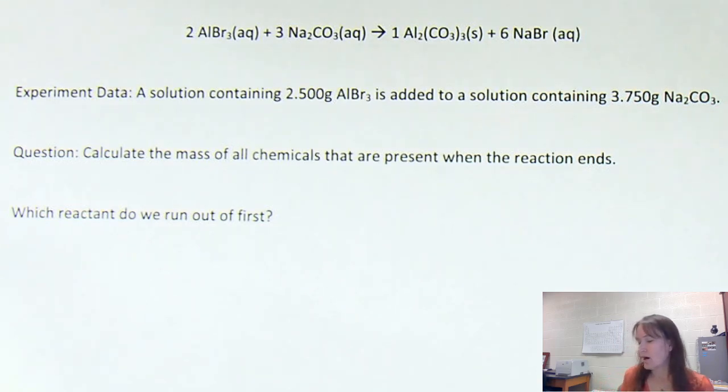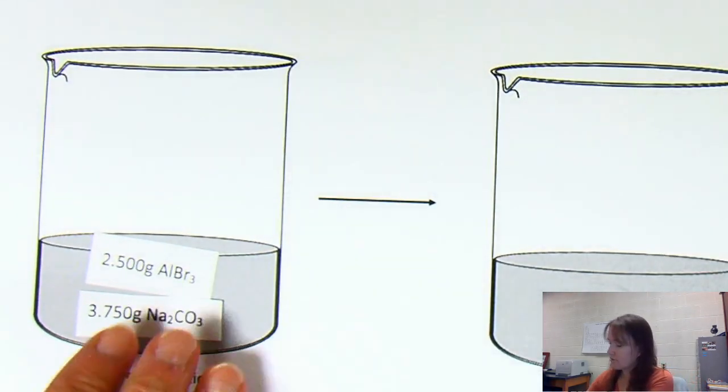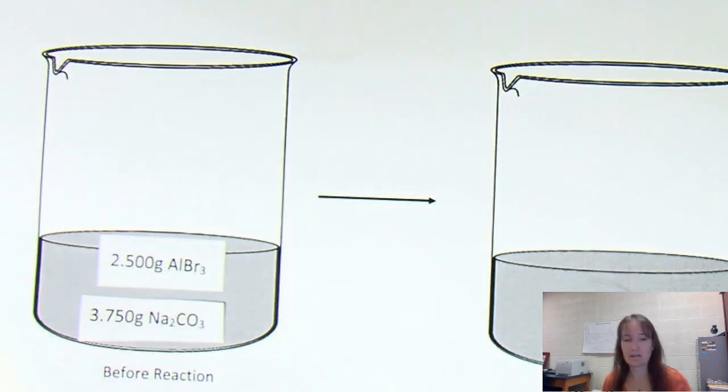So, our question needs to be, which of the reactants are we going to run out of? Because it is that chemical that is going to determine the mass of all the other chemicals that either react or are formed. So just looking at a schematic of this, we would have a solution, and in that solution would be the 2.500 grams of aluminum bromide and the 3.750 grams of sodium carbonate.